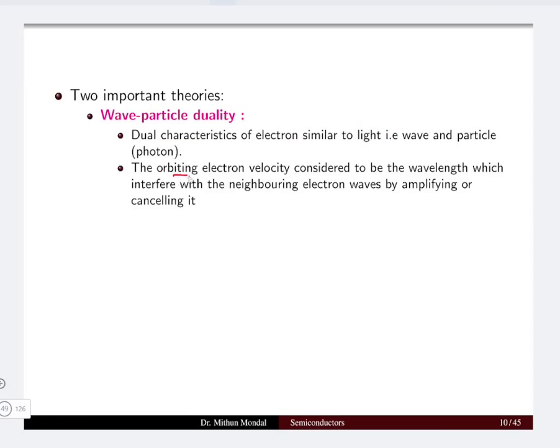The orbiting electron, which is revolving around the nucleus, has a velocity considered to be the wavelength, which interferes with the neighboring electron waves by amplifying or cancelling them. So neighboring electrons will have some waves, and those waves will interfere with the other electrons, either amplifying or cancelling them. That is the wave-particle theory.